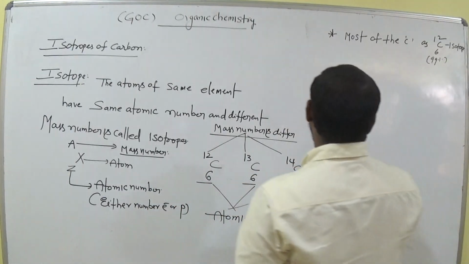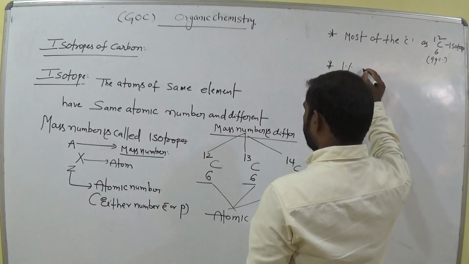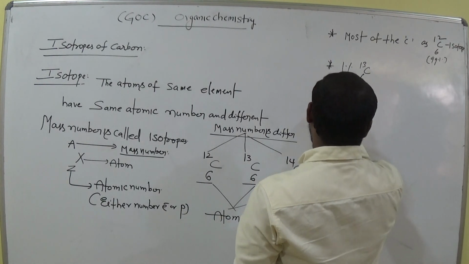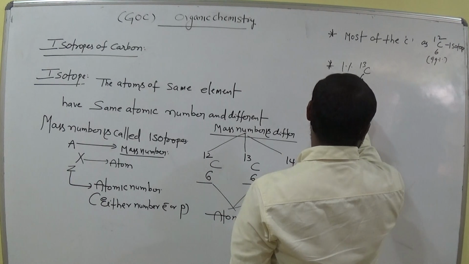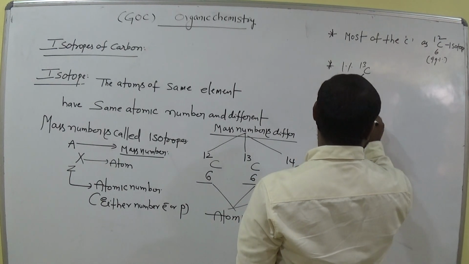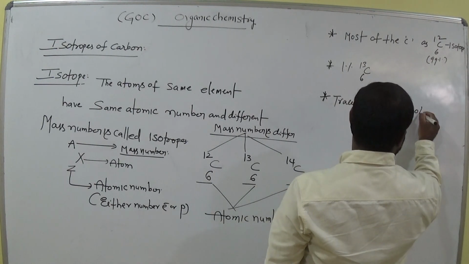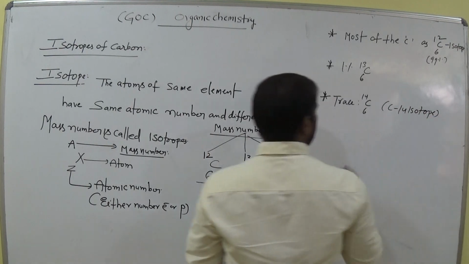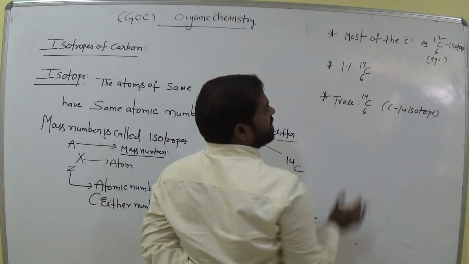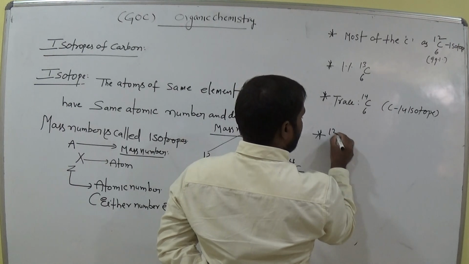And 1% is nearly C13 isotope, and a very trace amount, a small amount, is C14 isotope. So mostly it is the C12 isotope.